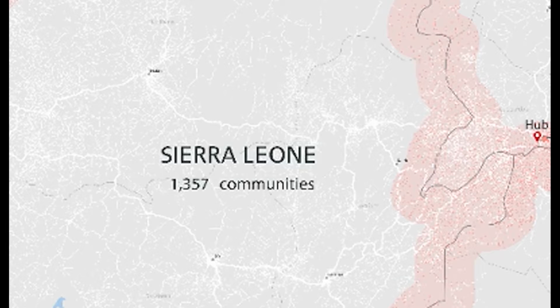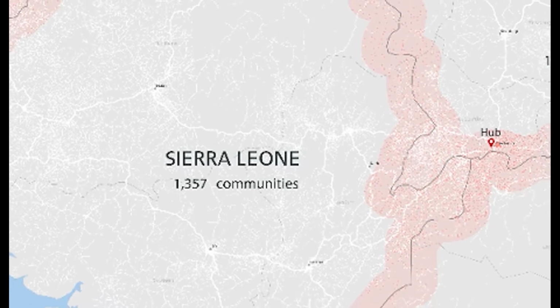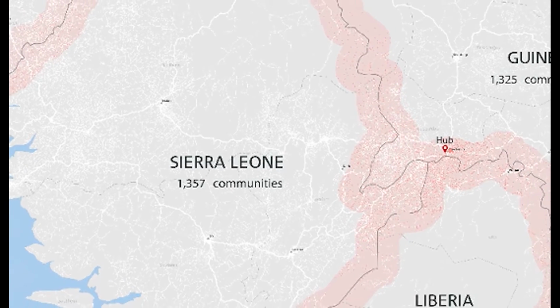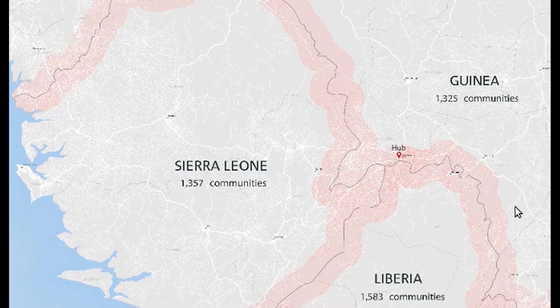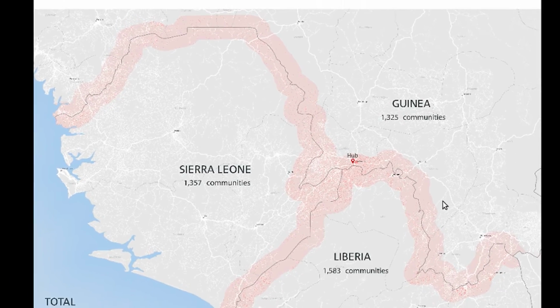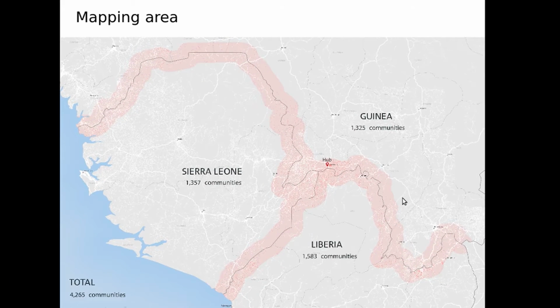These guys here are the brightest and best in Sierra Leone, and they were there when Ebola was breaking out, and they were the guys who helped to stop it. Our project there in Sierra Leone, to start with, was in the border regions. We were looking for missing communities. We had around 1,200 communities logged down, 1,300 communities in Sierra Leone.